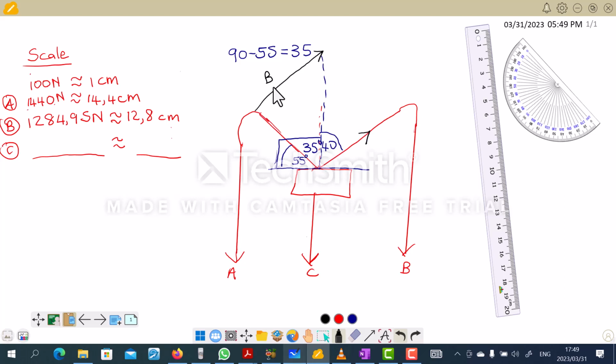I'm trying now to close my triangle to form like a parallelogram so that I can determine my triangle. Now look at this one. You have here vector A. If this vector is vector A, then we can still draw that vector on this side.